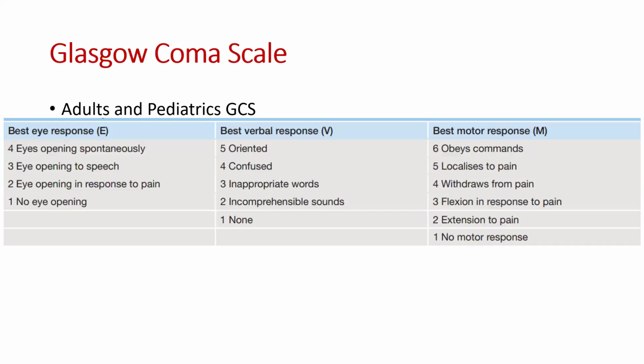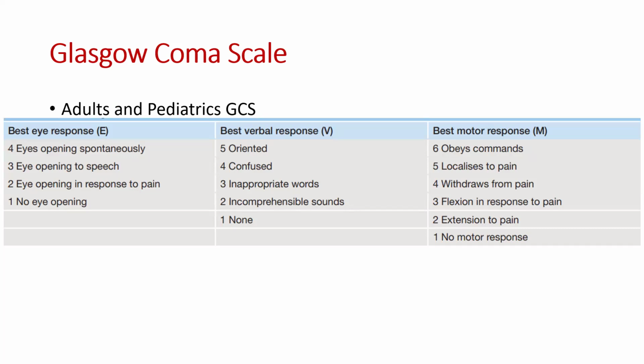So this is the Glasgow Coma Scale, which talks about 3 parameters: the verbal, eye, and motor parameters. On the eye assessment, we look at 4 parameters, and we have 5 for verbal and 6 for motor. So the highest score that a person gets is the best score that we give the person.